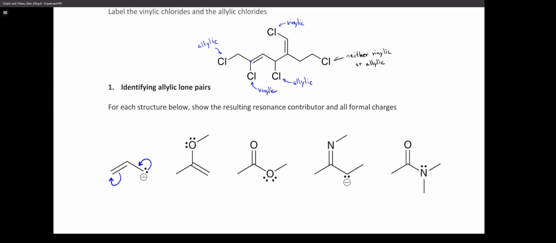You have to move that pi bond pair, because otherwise this carbon would have five bonds, right? You can't have five bonds. So it might help to draw in the hydrogens in these kinds of scenarios, okay? And so the resonance contributor would look like this.